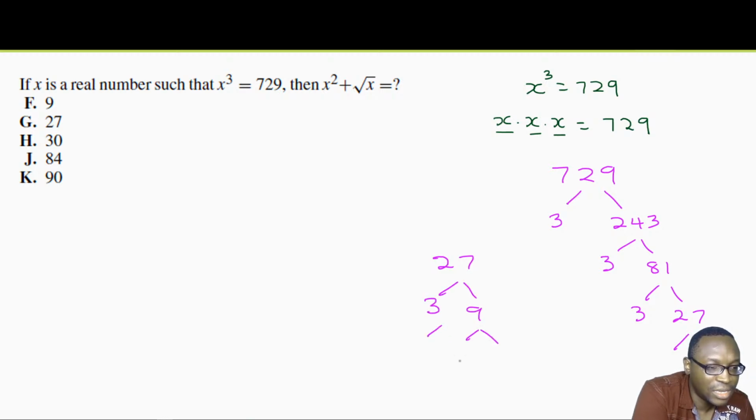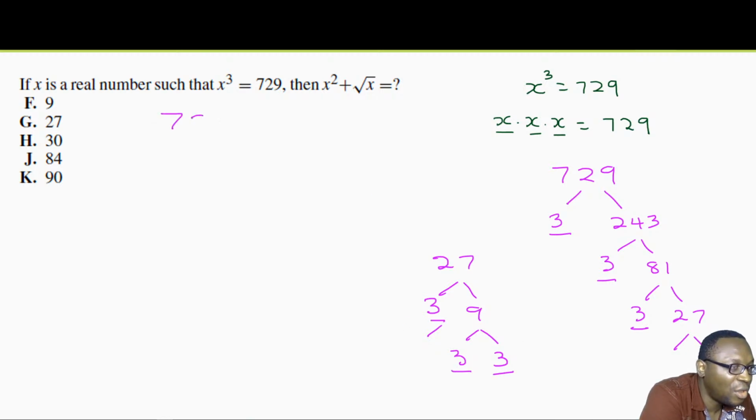And then 9 is going to be 3 multiplied by 3. So let's count the number of 3's. 1, 2, 3, 4, 5, 6. So you have 729 is 3 multiplied by 3, you have it 6 times.